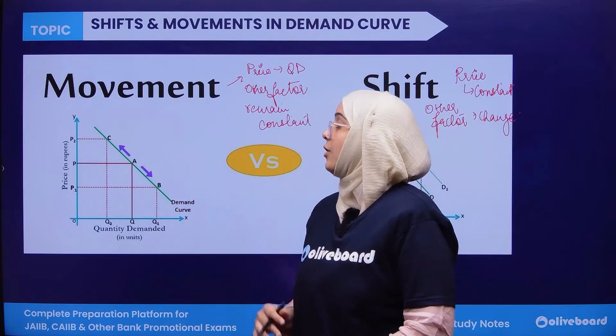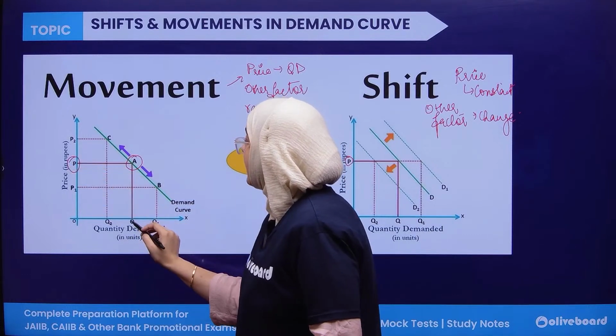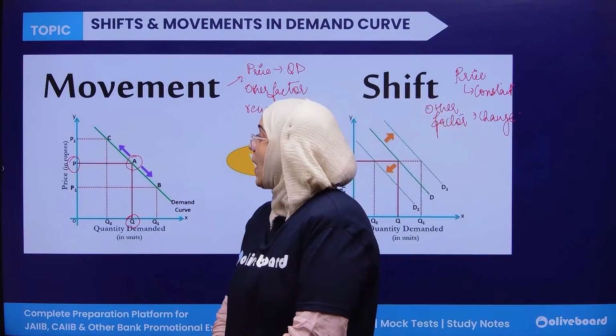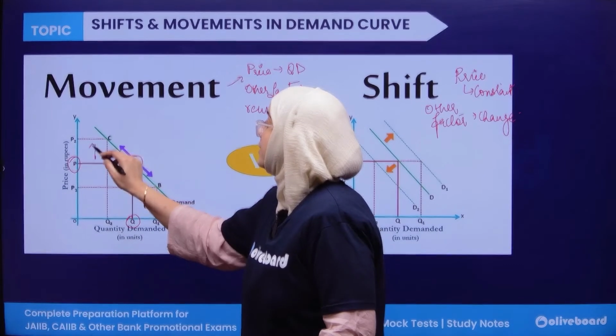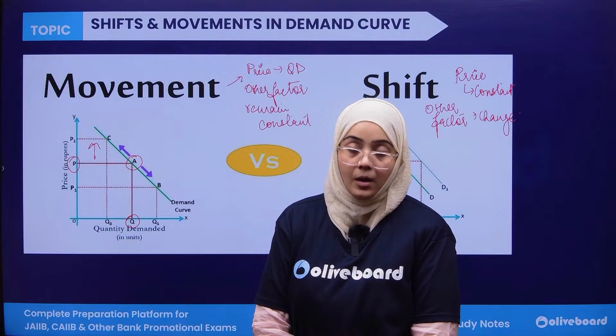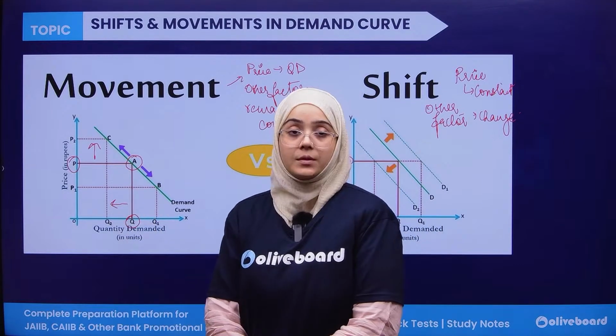Let's see this. For example, we are in position A where the price is P and demand is Q. Now, if the price goes up, obviously the demand will go down.